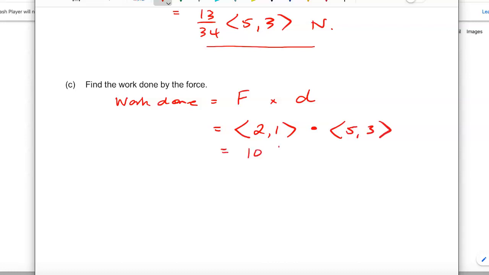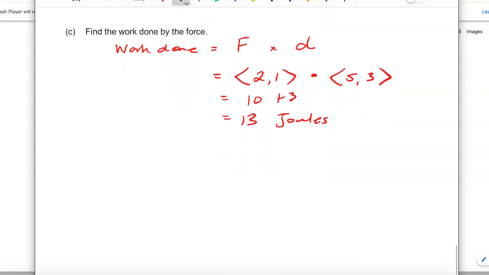We get 10 plus 3, which is 13 joules. But another way we can work out the work done is to go back to our other calculation, which was the scalar projection of the force times the distance it's moved, which was s.